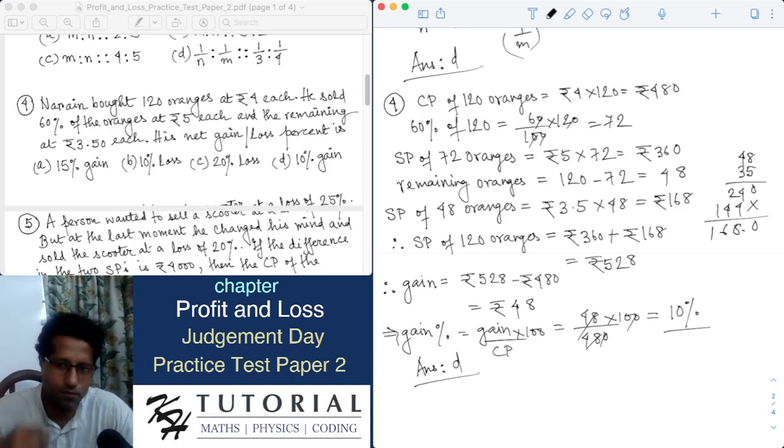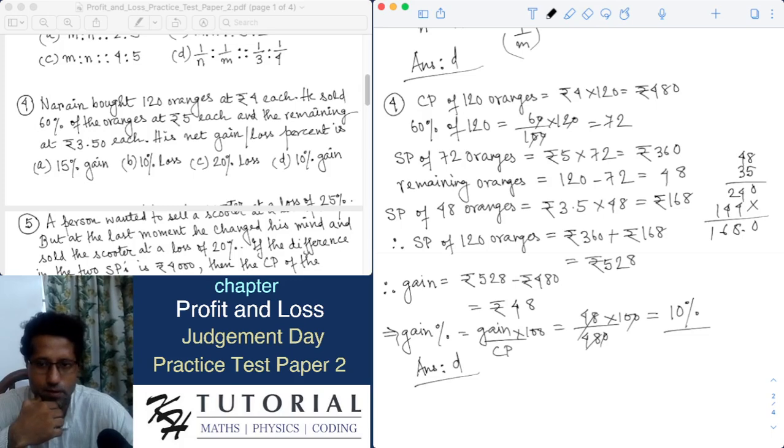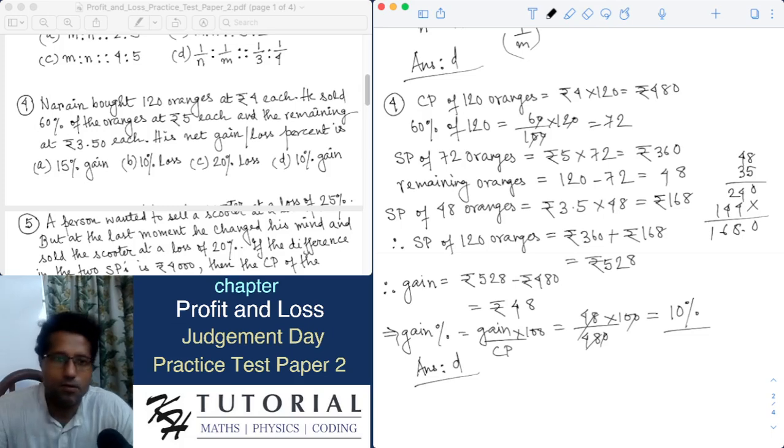But sometimes you might forget some formulas. There could be 6 or 7 formulas related to SP, CP, gain percent, or loss percent. But if your fundamental concepts on SP, CP, gain percent, loss percent, gain, and loss are strong, then you can always solve any kind of problem using the fundamental concepts.